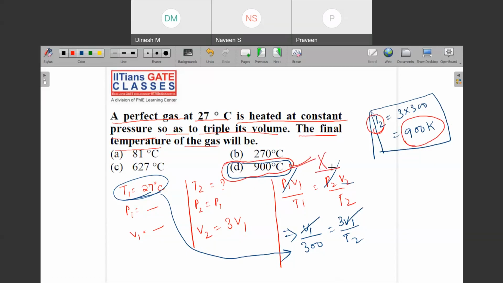Why? Because the temperature you obtained is in Kelvin scale, but the options given are in degrees Celsius. So you will convert them into degrees Celsius by subtracting 273 from this, which gives 627 degrees Celsius. So this is the correct option.